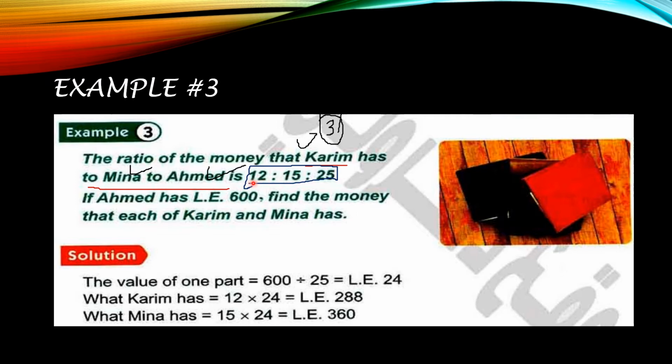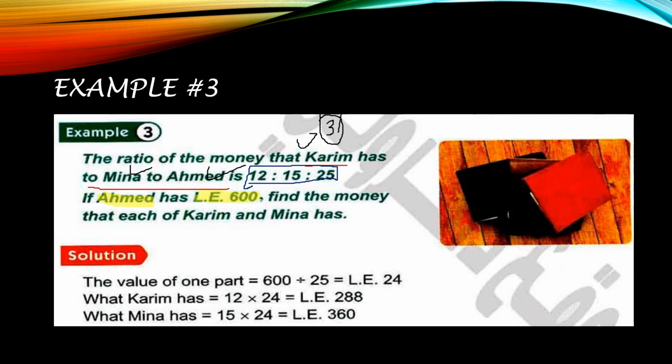So Kareem is going to go with 12 because Kareem came first and 12 came first. 15 came second and Mina came second, so Mina and 15 are related. 25 came third and Ahmed came third. This means that 25 belongs to Ahmed. So here it says if Ahmed has $600.